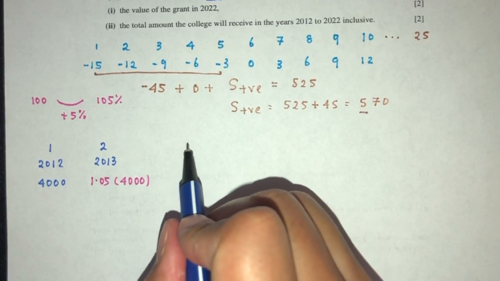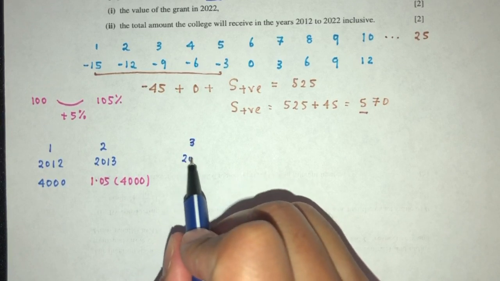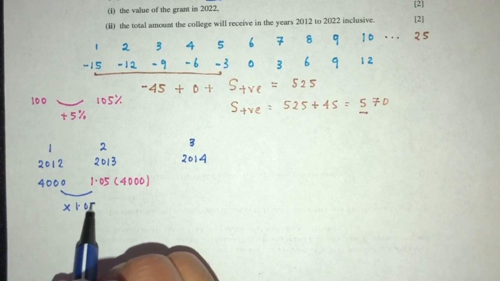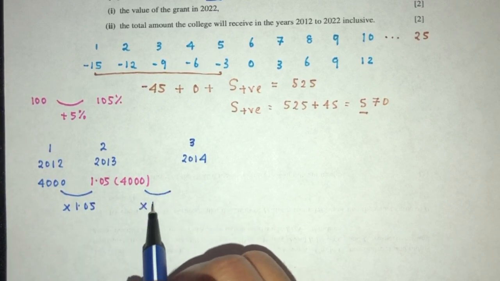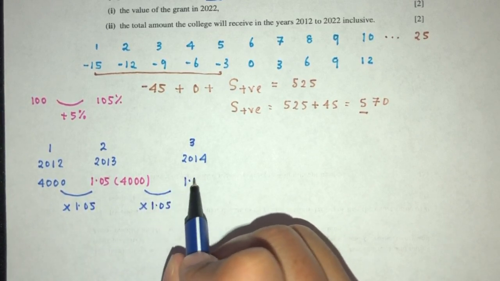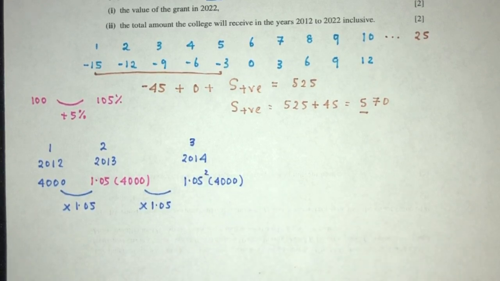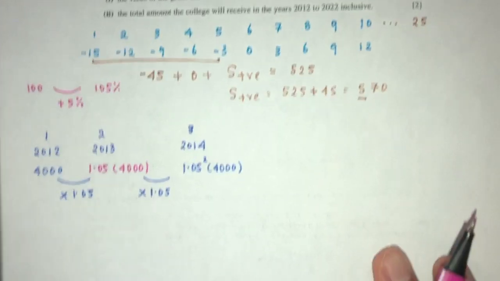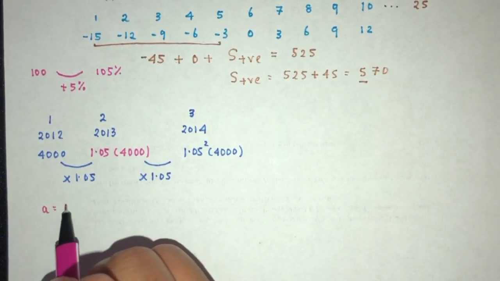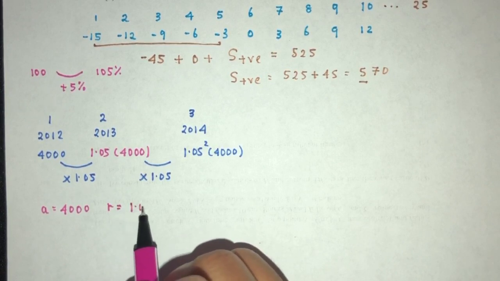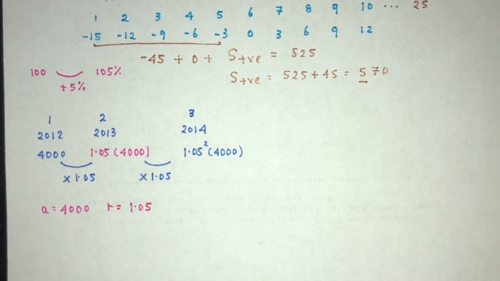Now again, the same idea to get the third term of the year 2014. Again, multiply by the same ratio, 1.05. That should be 1.05 squared times 4,000. So here you can see by observation, the first term has to be 4,000. The R, which is the common ratio, is 1.05. And here we have to find what?